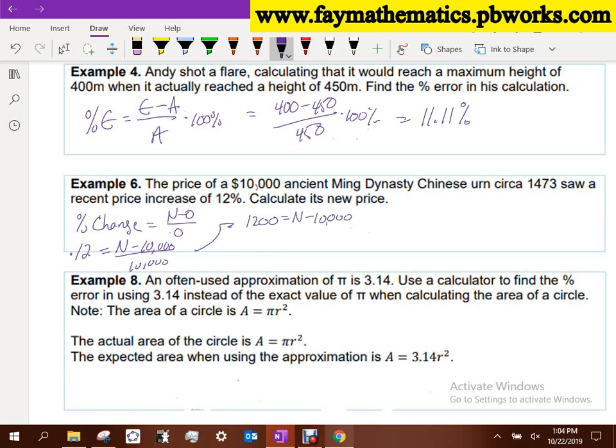So now what do I do to solve for n? Add the 10,000 to both sides. If we add 10,000 to both sides, that gives me my new price of this urn, right? Okay, that works. That's the answer.